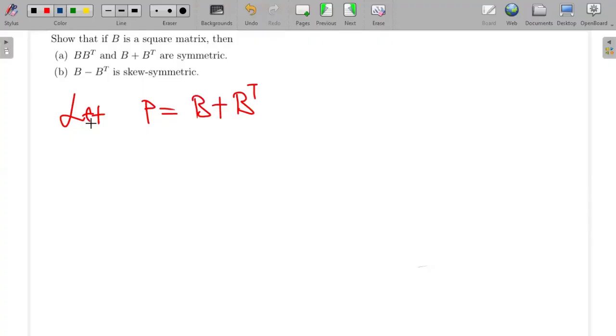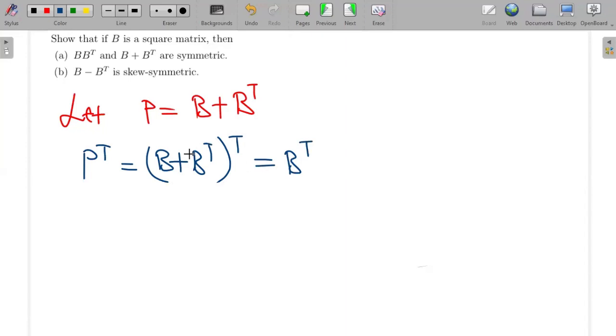Now we try to find the transpose of this P. So P transpose, simply meaning I'm also taking the transpose on the other side, so it will be B plus B transpose and then transpose. We said by the properties, we can distribute this transpose to whatever is inside. So it goes to the B, so it will be B transpose. And then here it goes to this transpose, so they cancel out. So that will be plus B. Okay, but this is addition here.